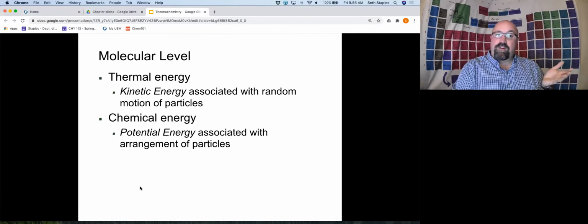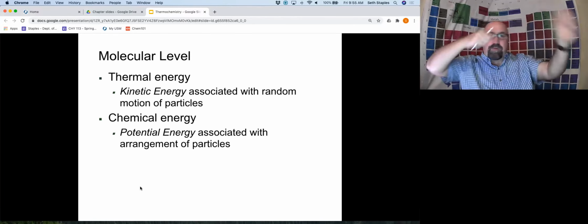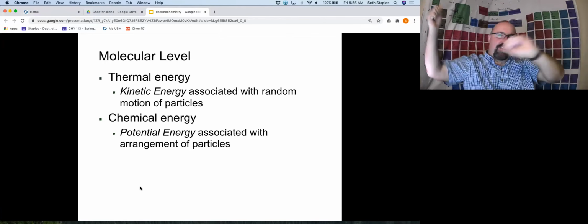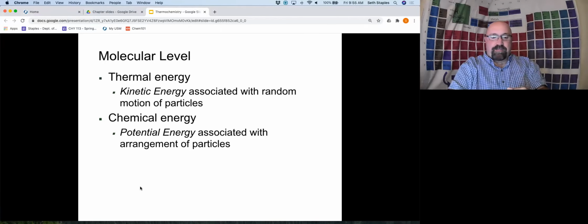When we're looking at thermal energy, again, we're looking at kinetic energy that's associated with the random motion of particles. We talked about this a little bit when we looked at states of matter, and when we looked at gases, for instance. Gas particles are all just flying around, banging into each other, as opposed to particles in the liquid phase, which are more stuck together, sliding around a little bit, but really stuck where they are.